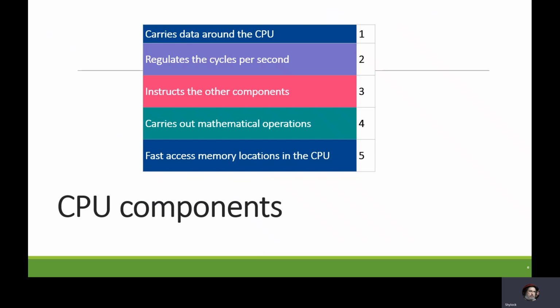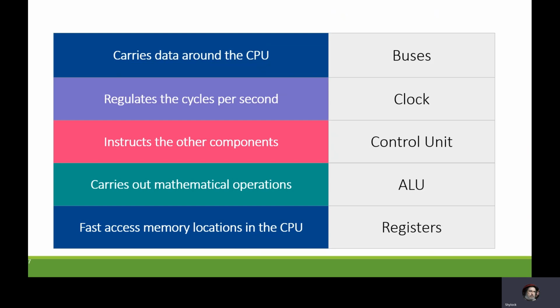Now, what carries out the mathematical operations is the ALU, or in full, the arithmetic logic unit. Okay. Now, fast access memory locations in the CPU are registers, as you can see here.